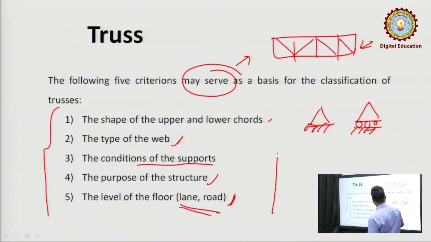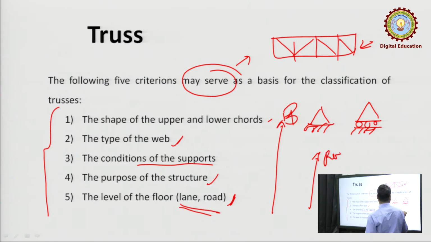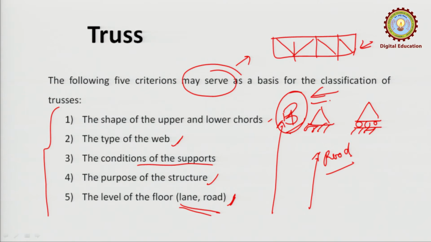For example, this is your bridge height, and this is your road level. So what is the level? Actually the wind pressure is more on the bridges than on the road sides.